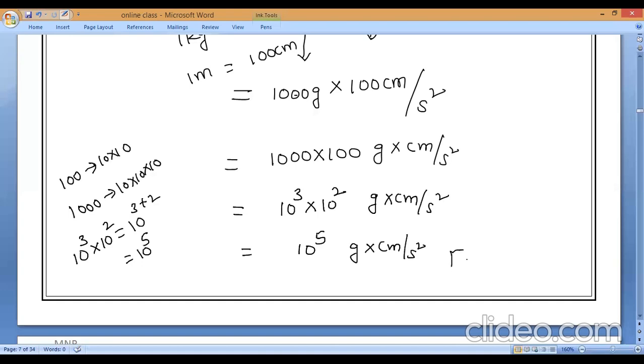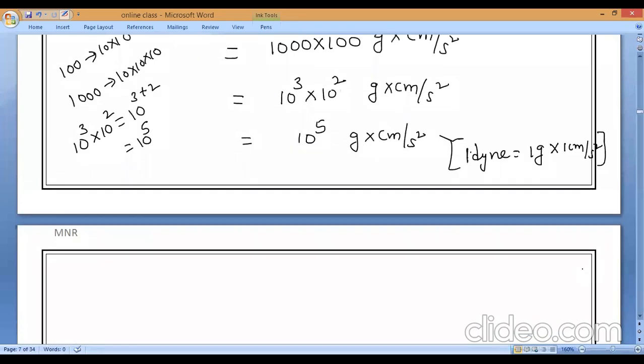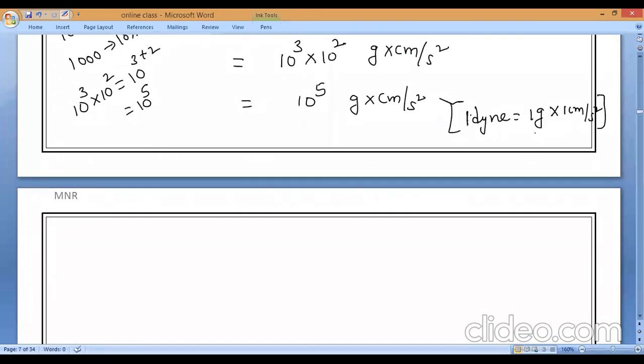Now we know already 1 dyne is equal to 1 gram into 1 centimeter per second square. Yes or no? So in place of this, can I write dyne?